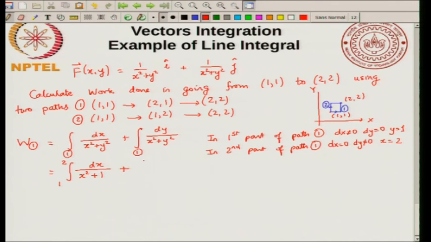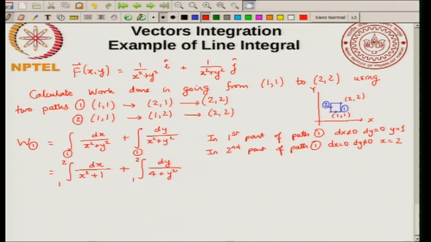In the second part, what you have is the integral of dy, now y goes from 1 to 2. Now, x is fixed at 2, so it is 4 plus y square, and in the second part dx equal to 0, so that part goes away. So, you can do both these integrals.